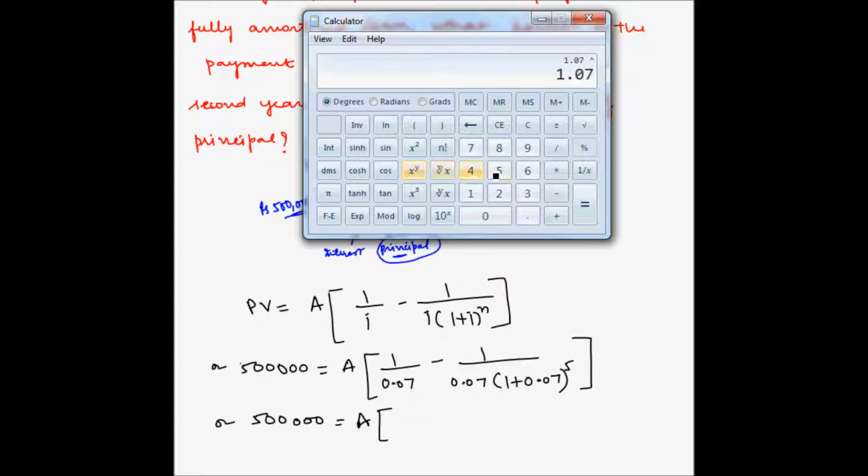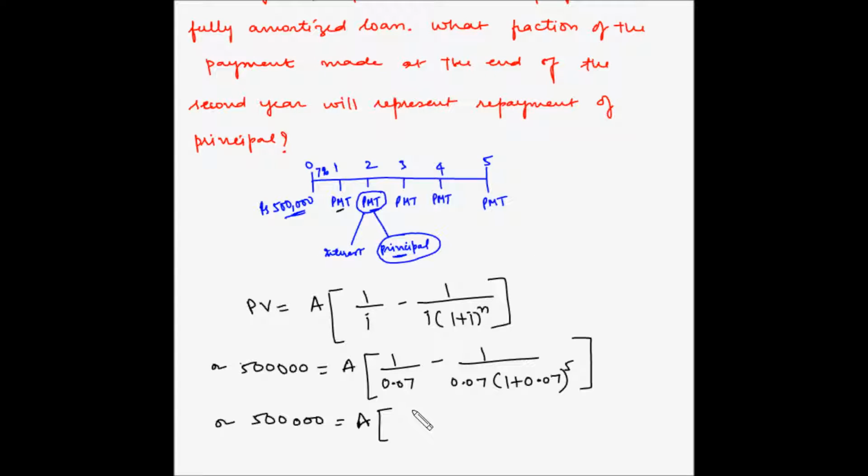So x to the power y, 5, then multiplied by 0.07, then 1 by x, negative, and then plus 0.07 and reciprocal of this. So this is 4.1. So A is equal to 500,000 divided by 4.1.